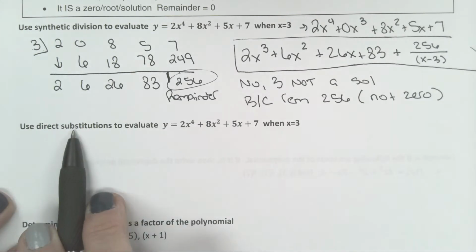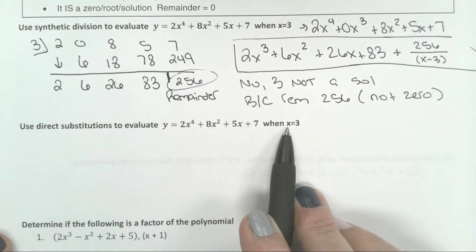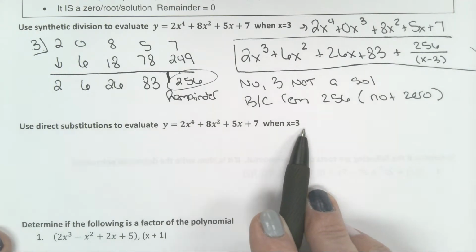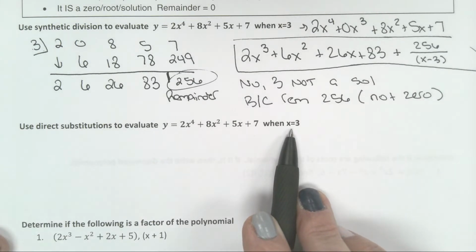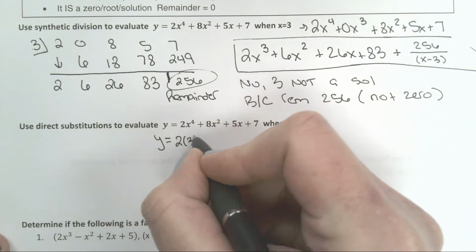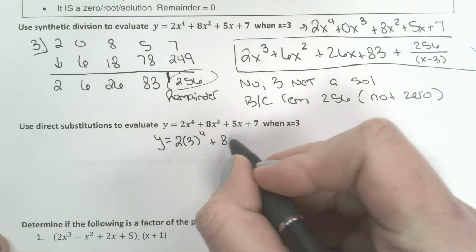So the other way is you could use direct substitution. So it says use direct substitution and figure out what is the value of the function when x equals 3. So I'm just going to go through and I'm going to plug 3 in for x in my function.